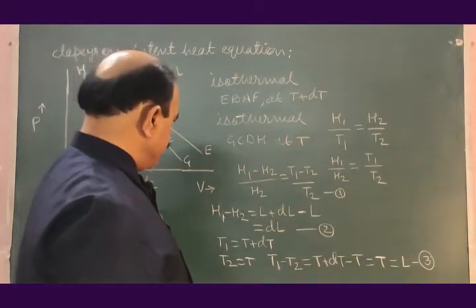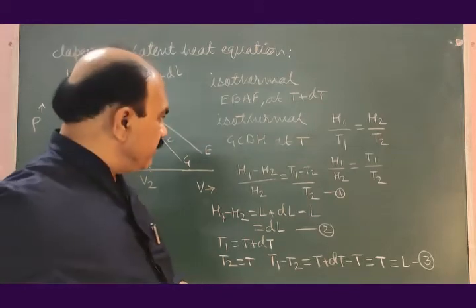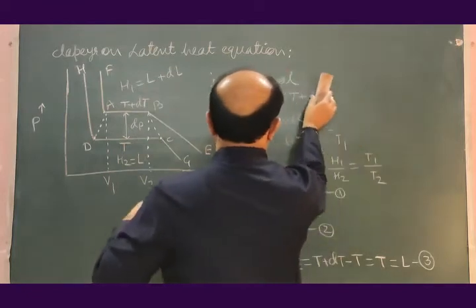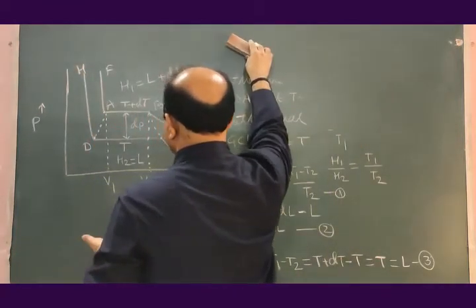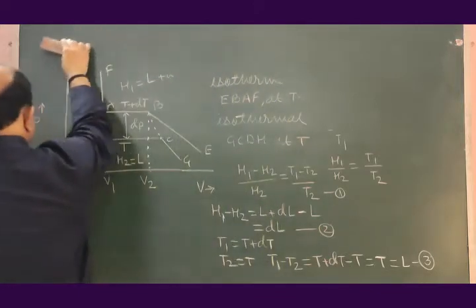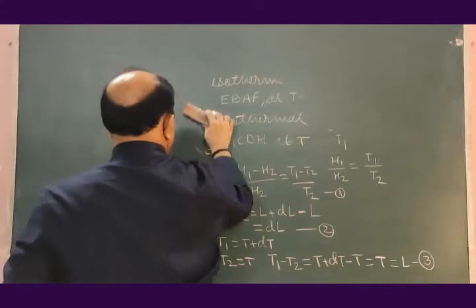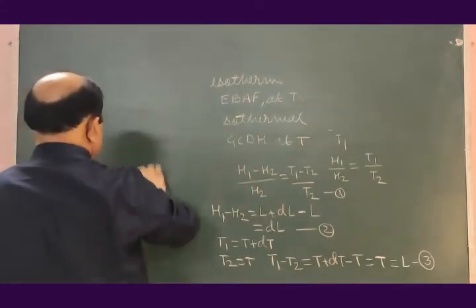So let us substitute these equations in equation 1. I think we do not need the figure now, so let me wipe out the figure so that we can go for the mathematical part.